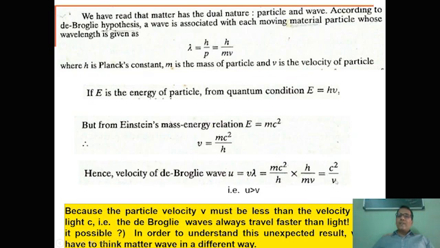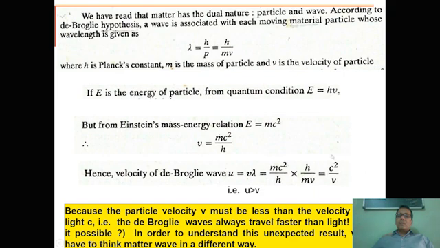Since v is the velocity of the particle, obviously it will always be less than c. The velocity of the de Broglie wave is represented by u here, and this will be greater than c.